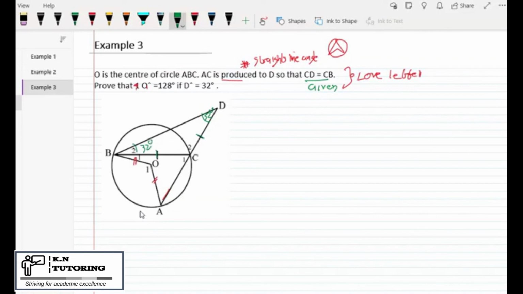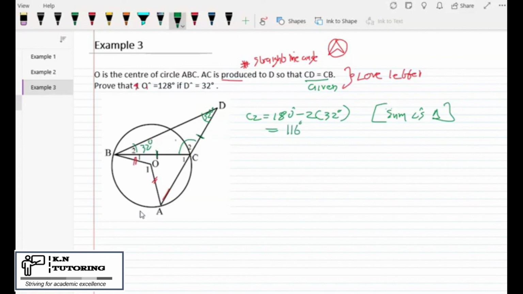Alright. So if this is 32 and this is 32, what is C2? C2 is going to be 180 degrees minus 2 times 32. Why? Because angles of a triangle add up to 180 degrees. Okay, so this is going to be 116.